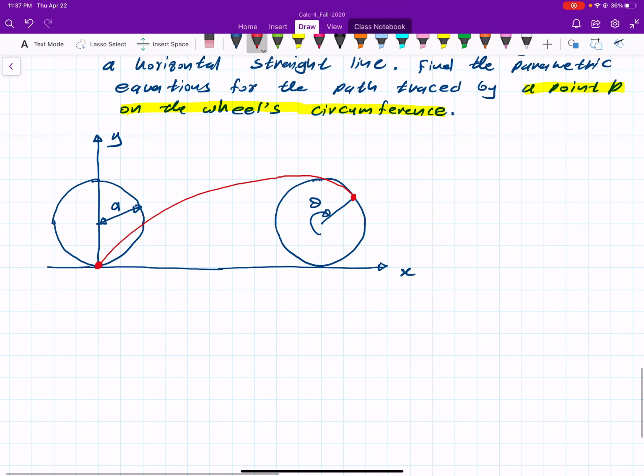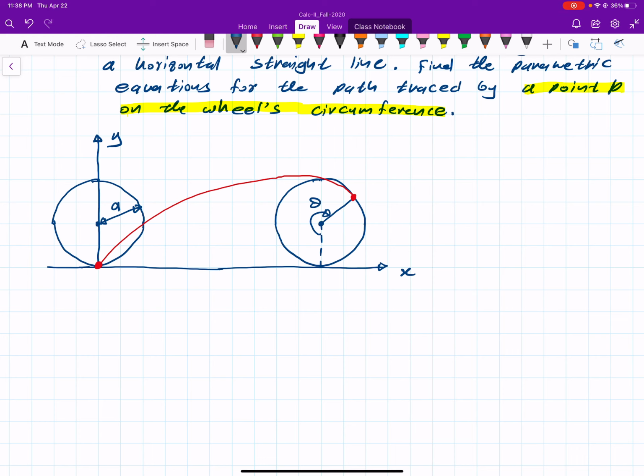All right, so here we have to do a little bit of construction. First, you have to understand the displacement of this radius.